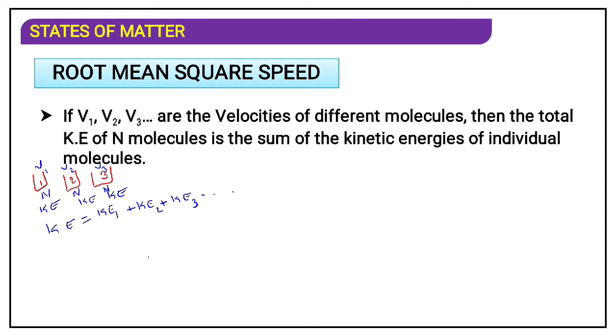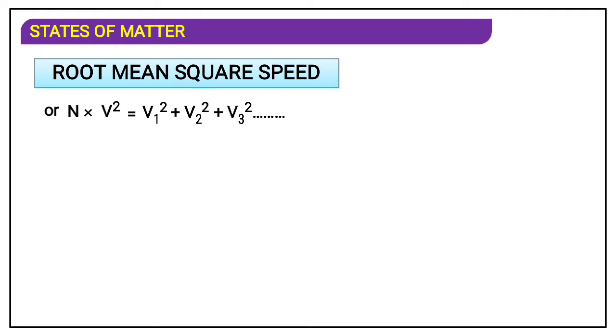Now based on the definition, the total velocity square is nothing but what? The total velocity of the gas molecules times the number of gas molecules n is equal to v1 square plus v2 square plus v3 square and so on.